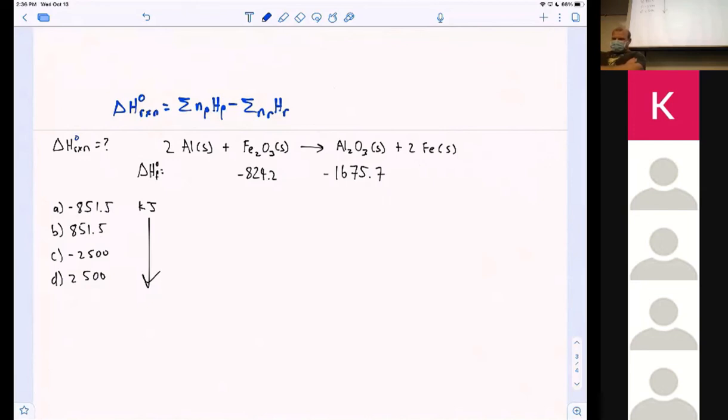And due to static electricity, which provided the activation energy, it actually caused the thermite reaction to take place, which caused the Zeppelin then to explode. So there's an episode of Mythbusters on this as well.